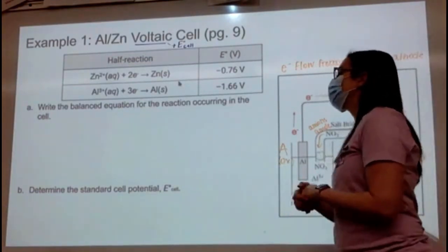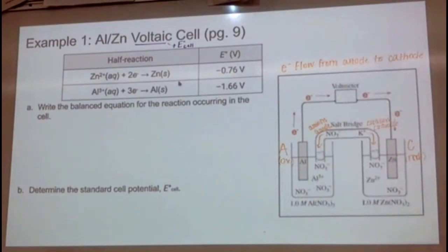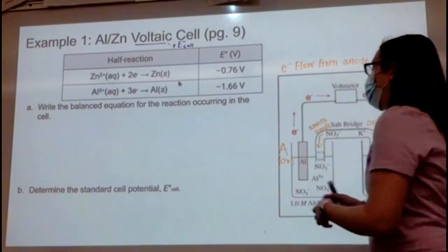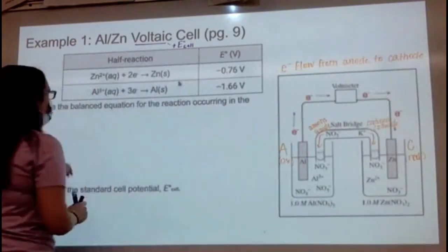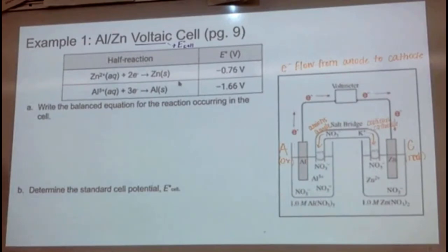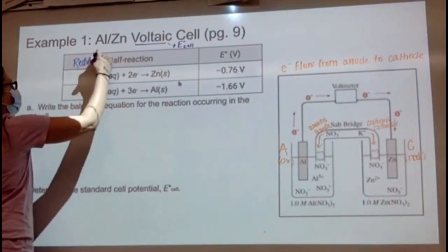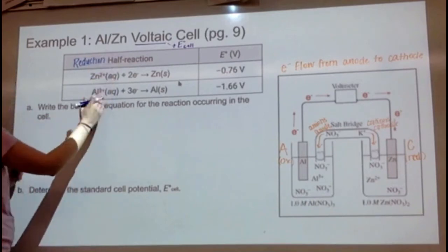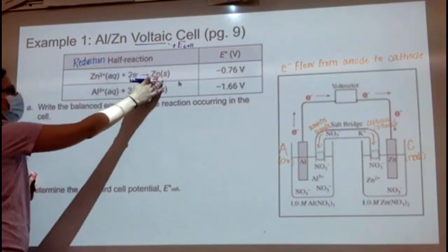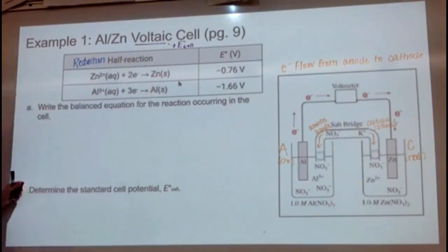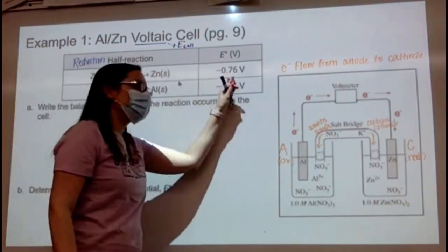So when this says write the balanced equation for the reaction occurring in the cell, first thing that I need to do is I need to make sure I write the reactions correctly because these are reduction. These are both reduction half reactions, Zn2 plus to Zn, Al3 plus to Al. Because you are always given the reduction potential.